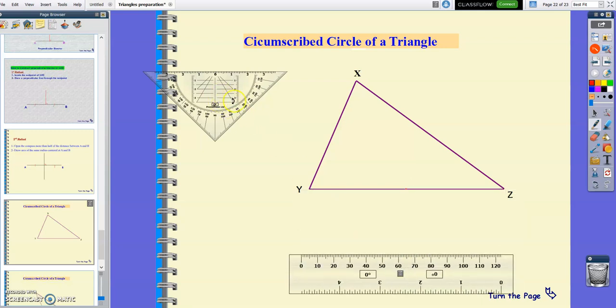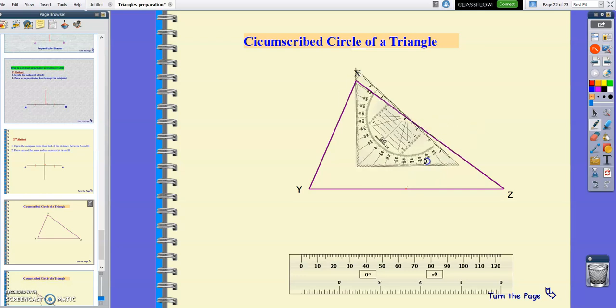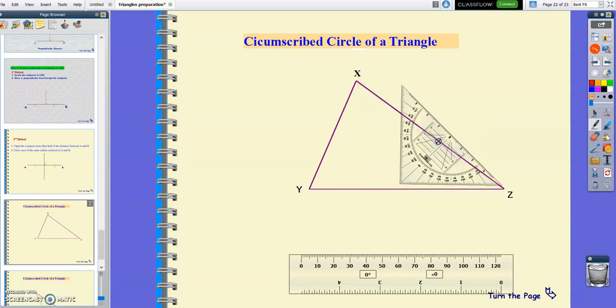Then through this midpoint we will draw a perpendicular like that. Okay, like that. So this is the perpendicular bisector of the segment YZ.